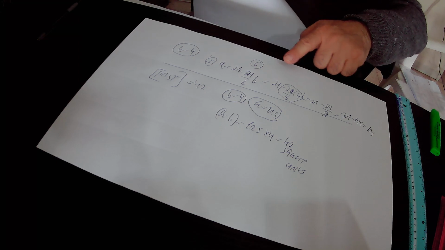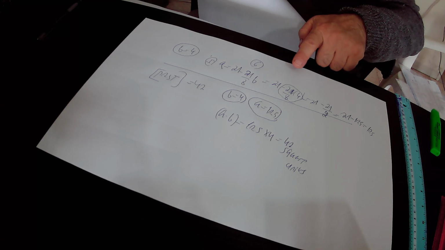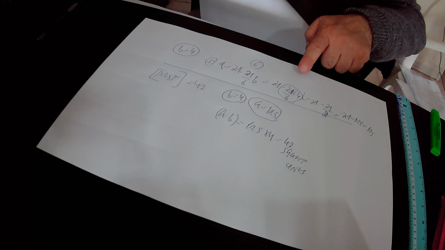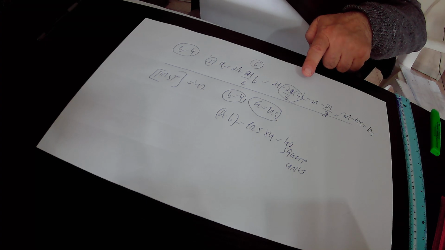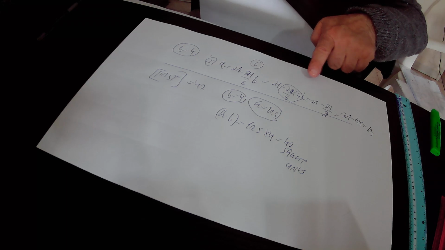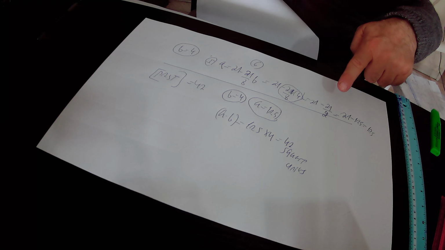We did it, we found out that A equals 21 minus 21 over 8 times b, and b is 4. So it is 21 minus 21 times 4 over 8. Here we divided both the numerator and the denominator of this expression by 4. 4 over 4 is 1, so in the numerator we left only 21, and 8 over 4 is 2.